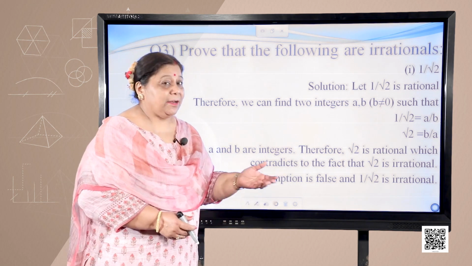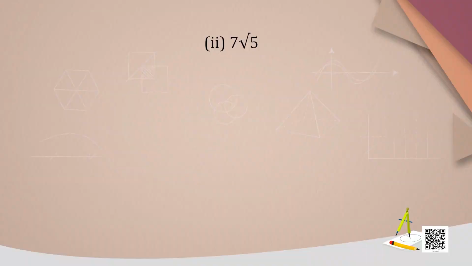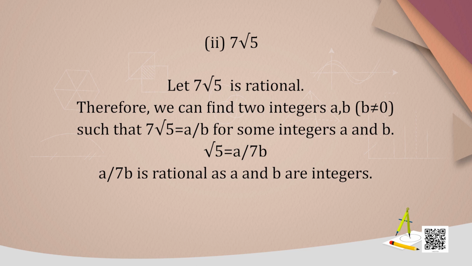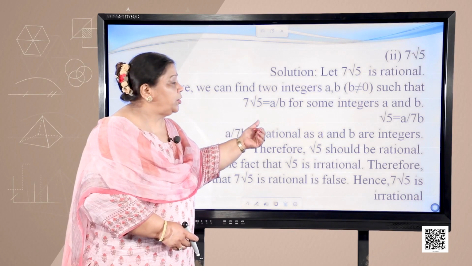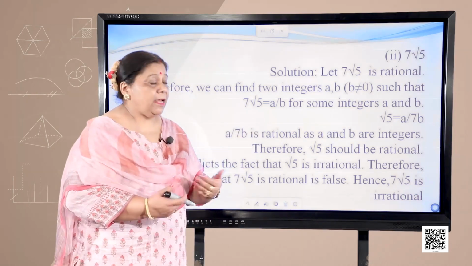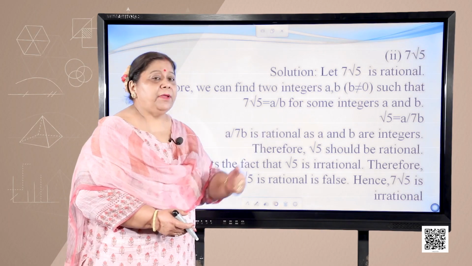Let us look into the second part, 7 root 5. Here, let 7 square root 5 be rational. Therefore, we can find two integers a and b, not equal to 0, such that 7 square root 5 is equal to a upon b.